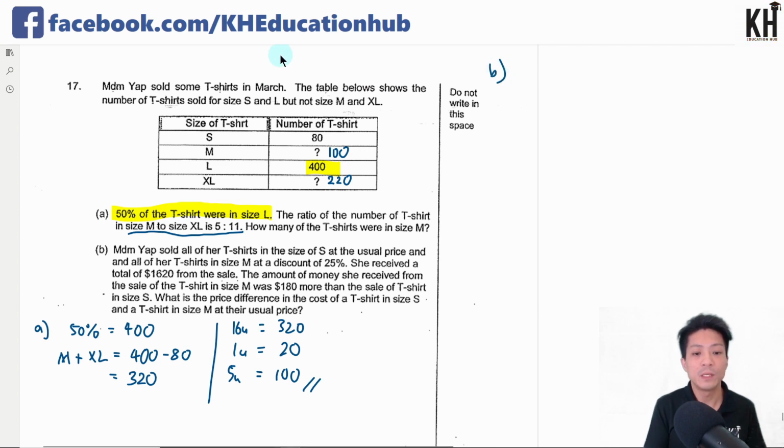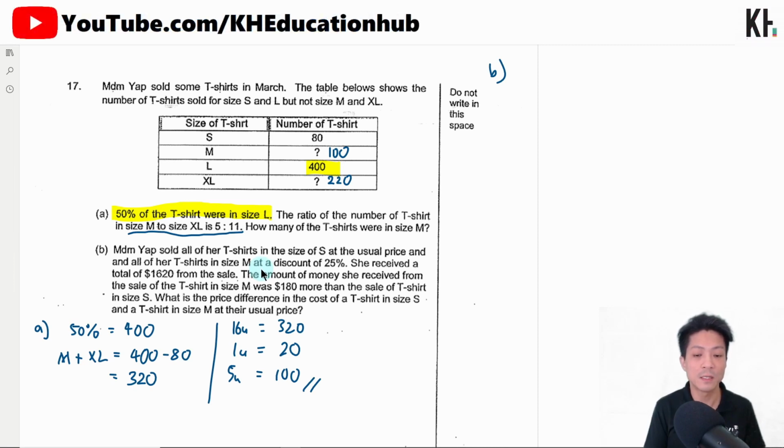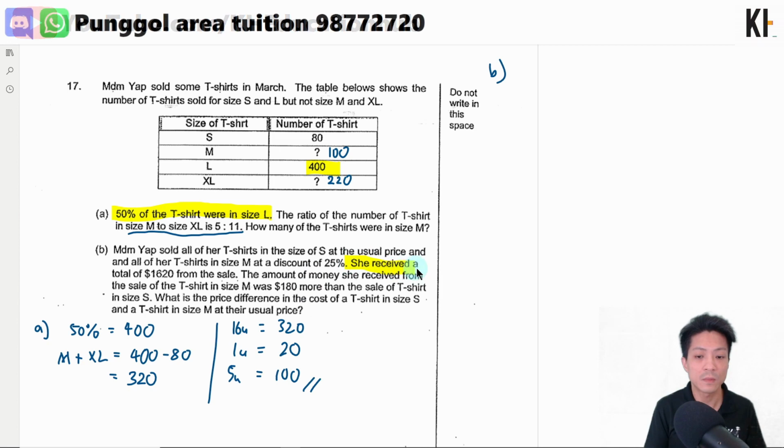For part B, again, there's a lot of info, but if you're confused, read through the question a few more times and you should realize that the key is over here. Amount of money received: she received a total of this. And the amount, I'm just going to highlight the whole thing.